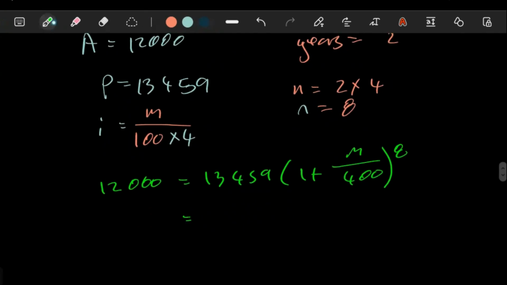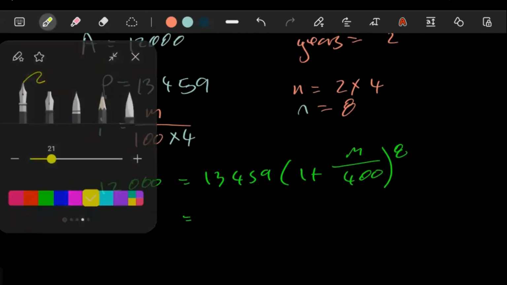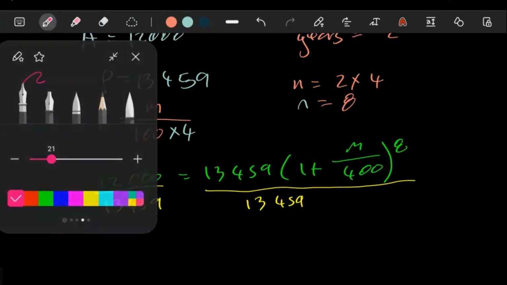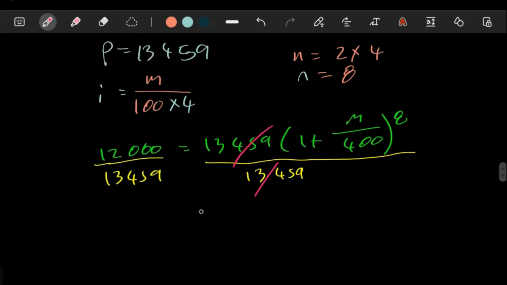All this here we can say divided by the 13,459. There you go. So this is also 13,459. And then we have here, this goes away. It's like 1 plus m over 400, the whole thing to the power of 8.